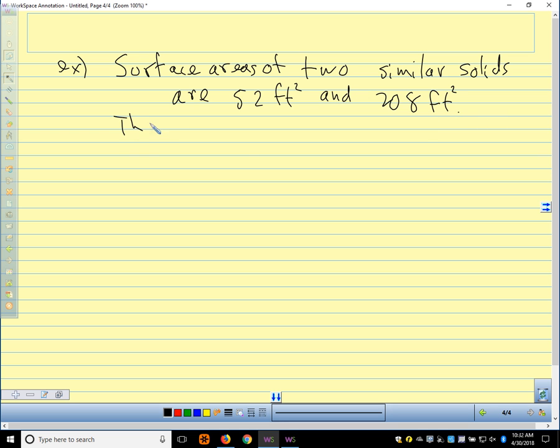The volume of the larger is 192 cubic feet. We want to find the volume of the smaller.